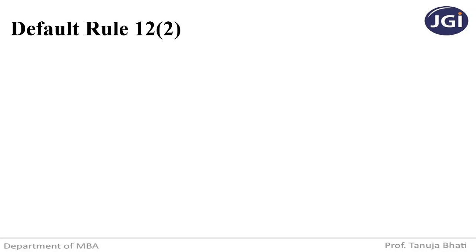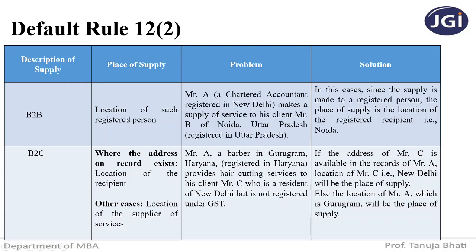Default rule means this rule is to be applied when none of the services are covered. That is, the place of supply of service will apply for all those services except those specified under section 12 subsection 3 to section 12 subsection 14.